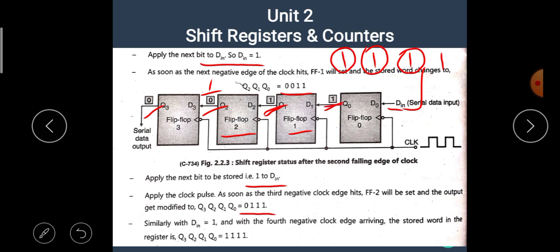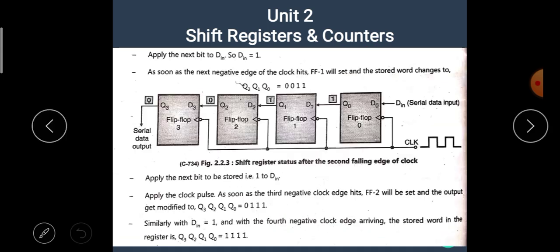Then after application of the fourth bit to the data in, flip flop 3 sets and the data becomes 1 1 1 1. I hope you all understand the operation here.